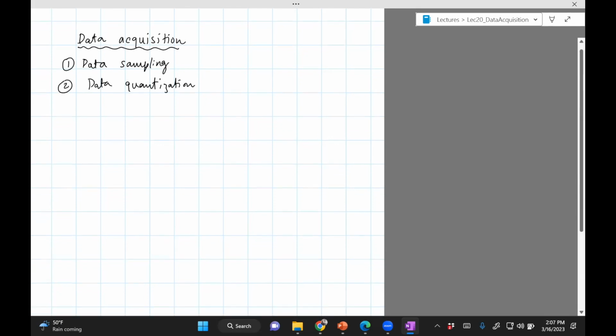Okay, so what I mean by data acquisition, which I just mentioned, is that there is some voltage which is coming inside the device.